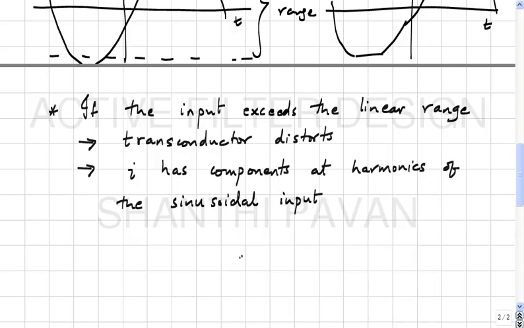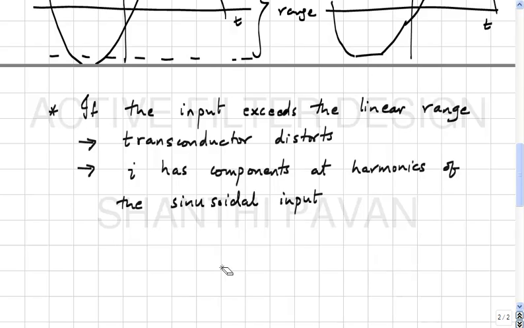So, we will have to come up with a clean acceptable definition of what it means to have a linear range. For example, one thing for sure is that as I go on increasing the amplitude, the amount of distortion will go on increasing, isn't it?